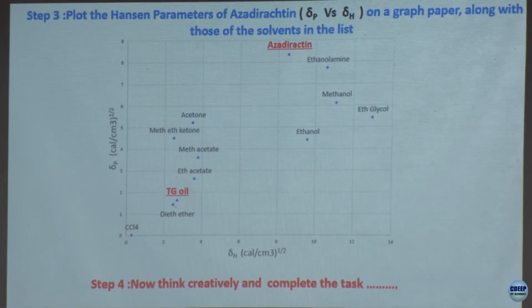Otherwise, if you want to do empirically, you open Perry's handbook, you can have hundreds and thousands of solvents, and if you want to do empirical work, then that will take such a long time. So this approach tells you how you would like to focus your experimental work on those likely candidates which will be successful.